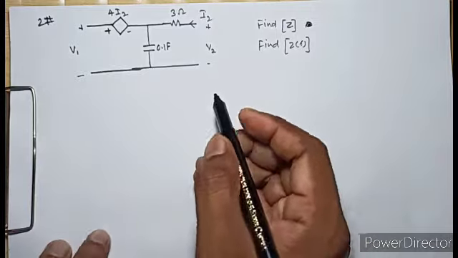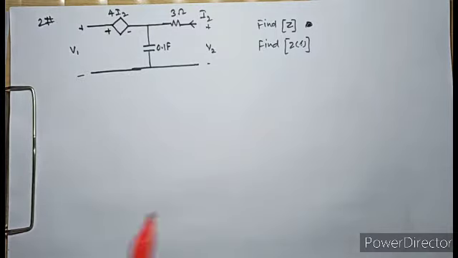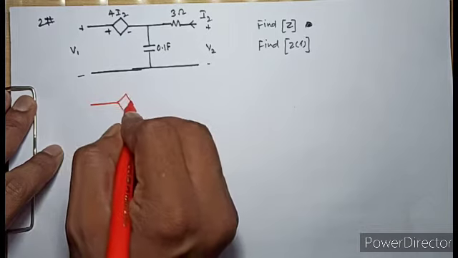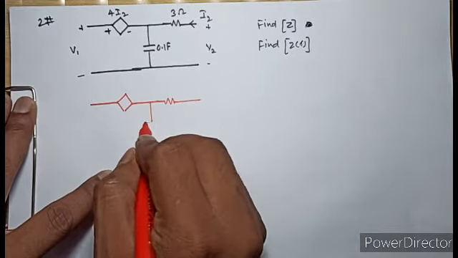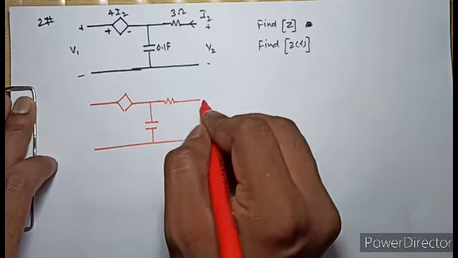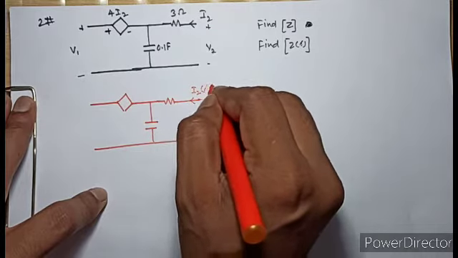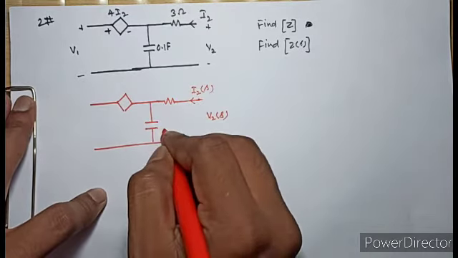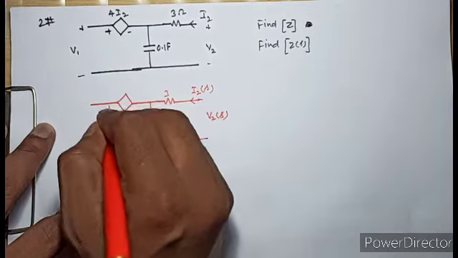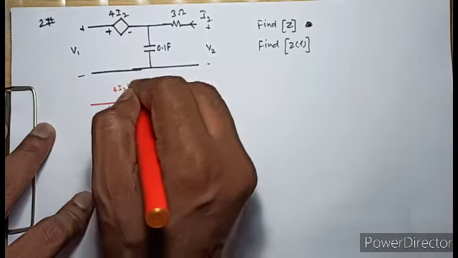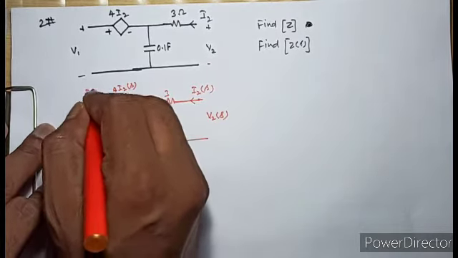Now for that, first of all we convert this into Laplace domain, and in Laplace domain the circuit will become: this will become V2S, this will become I2S, this will become 10 by S, this will be 3, plus or minus 4I2S, this is V1S, I1S.